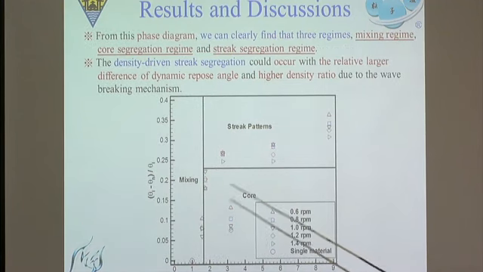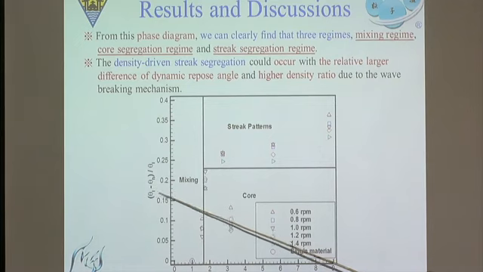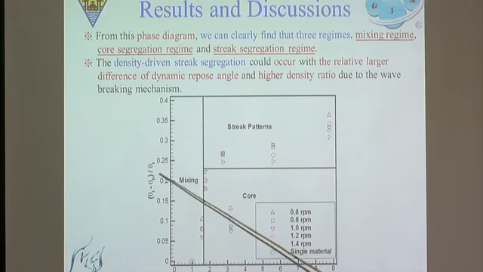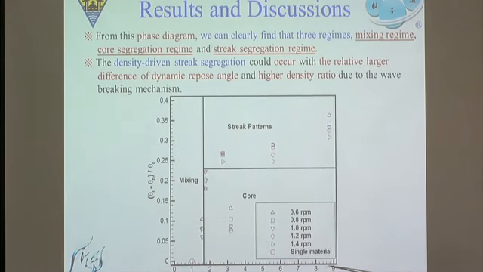And then we calculate the difference of the dynamic repose angle of lighter and heavier particles, non-dimensionalized by the repose angle of lighter particles, on the vertical axis. And this axis is the density ratio.